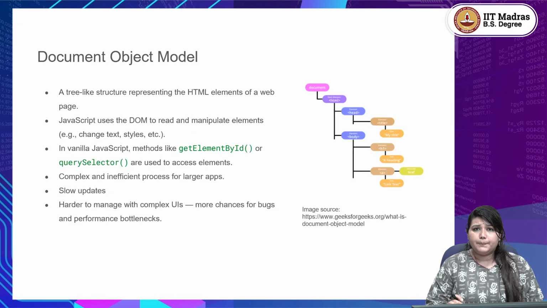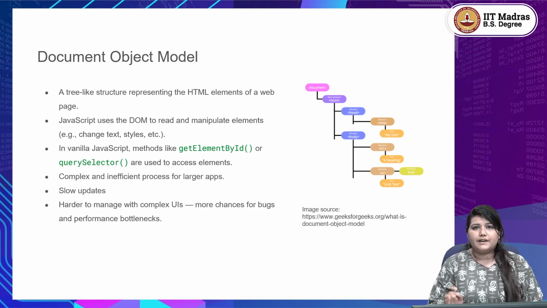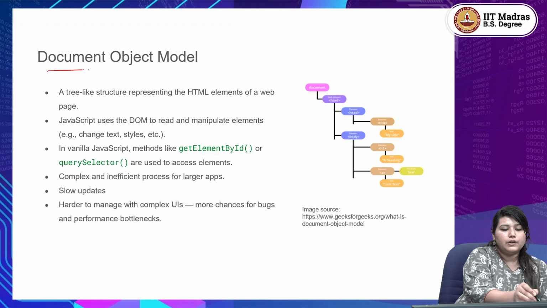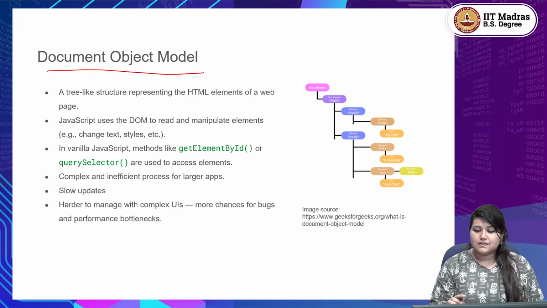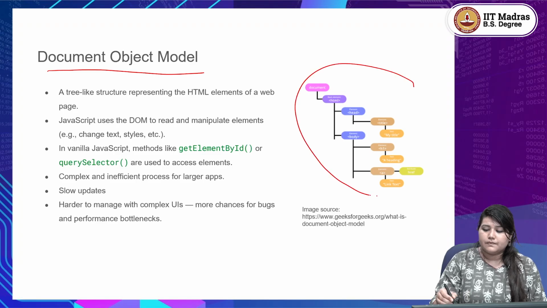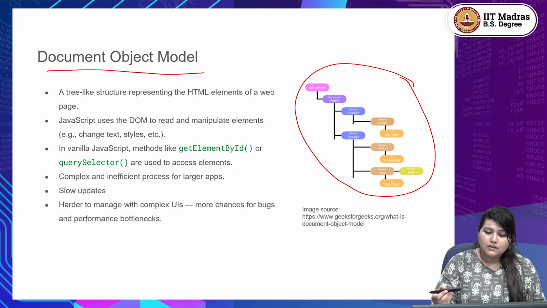Before we dive deep into virtual DOM, let's quickly refresh what the traditional DOM or document object model is. Think of DOM as a tree-like structure that represents the elements of the web page. Here you can see we have one web page, so you can see the tree-like structure for that.